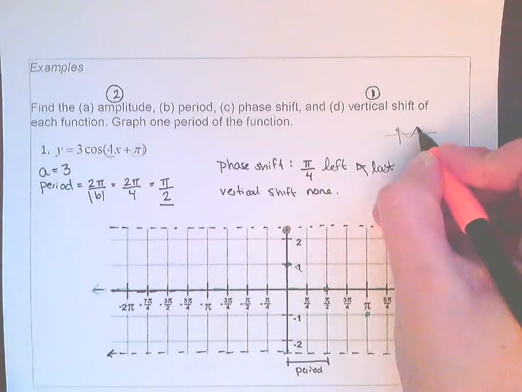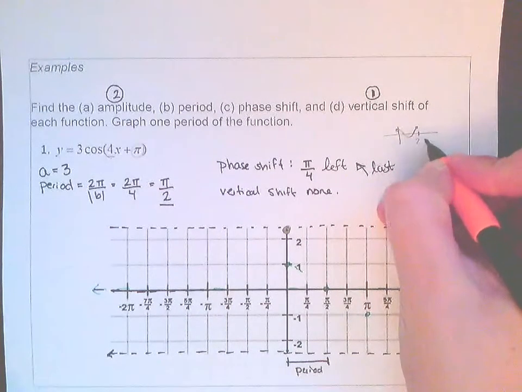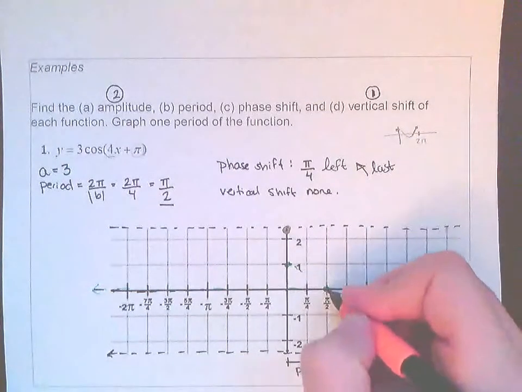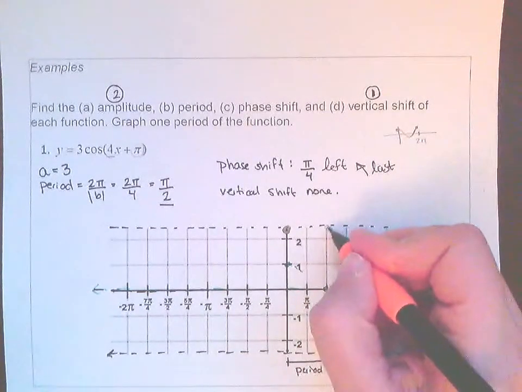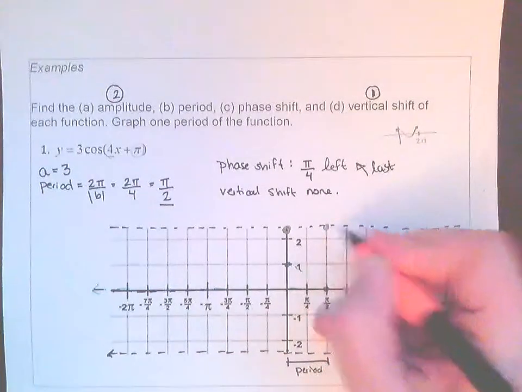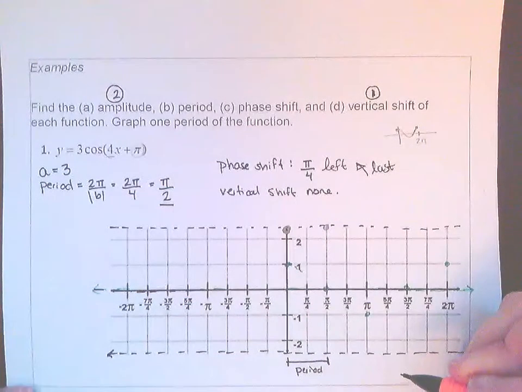It would have ended at 2 pi if the period was 2 pi, but because the period is pi over 2, it's going to end at pi over 2 up here.